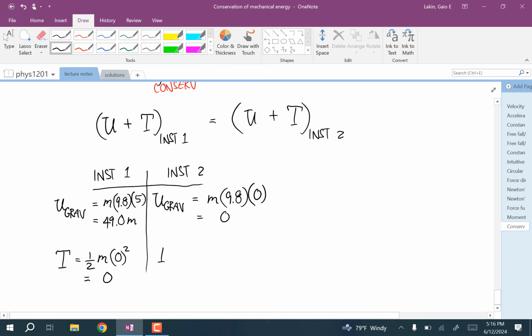And then for the kinetic energy at the bottom, we don't know what that is. We're trying to calculate that speed, but we do know that whatever the speed is, it's 1/2 times that unknown mass times the speed squared.